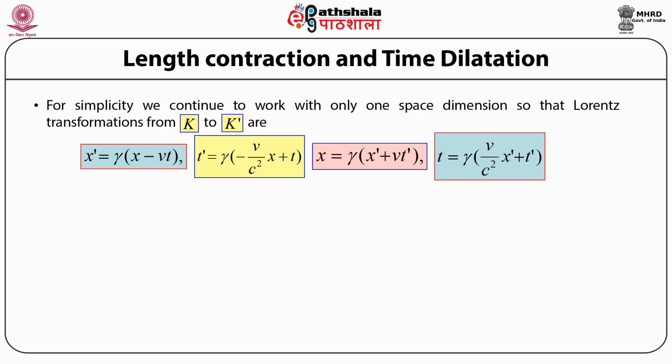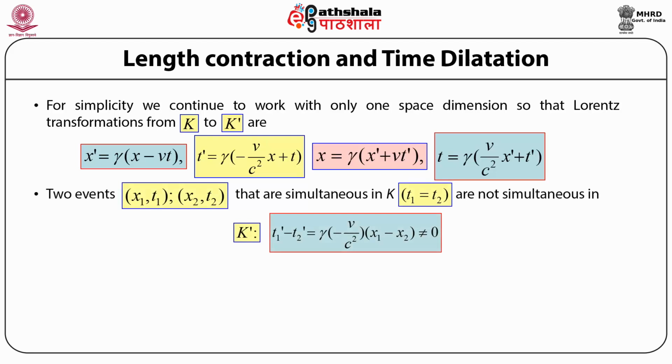So now if we consider two events that are simultaneous in the frame of reference K, that is events defined by x₁, t₁ and x₂, t₂ such that t₁ is equal to t₂, they are not simultaneous in the frame of reference K prime.